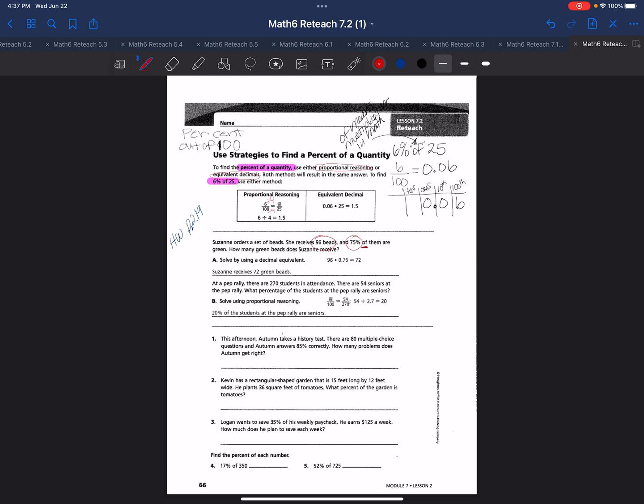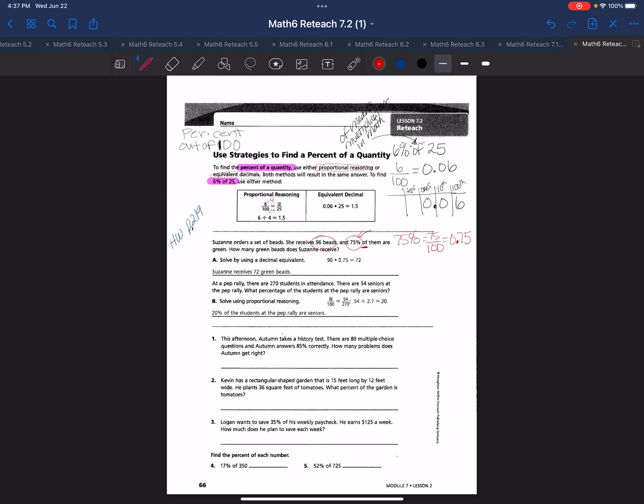It says solve using the decimal equivalent. 75% means 75 over 100, and at our place value chart, we can write 75 hundredths. So then we just multiply 96 times 75 hundredths equals 72. So Suzanne received 72 green beads.